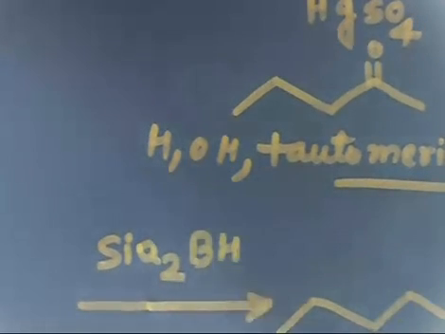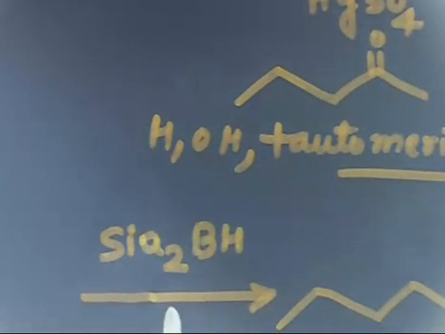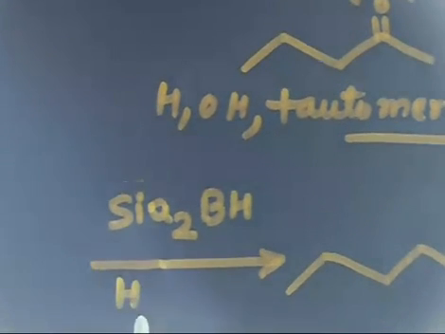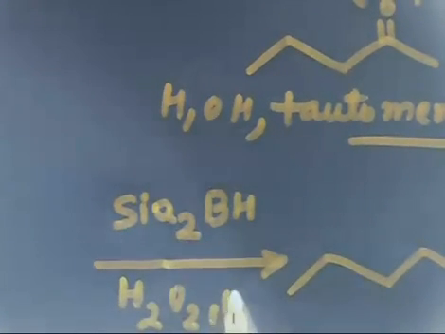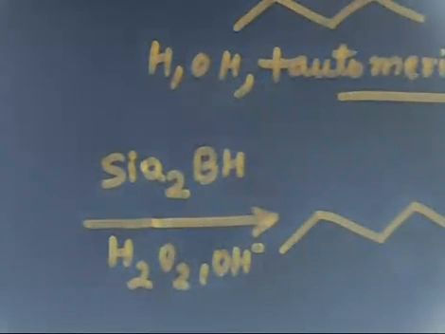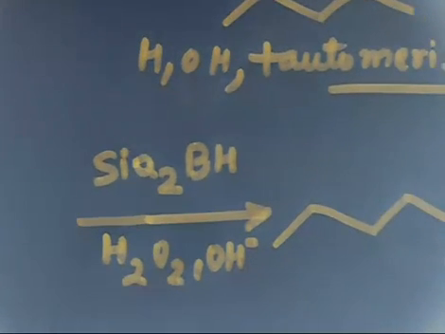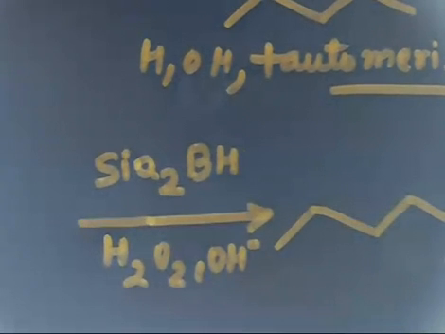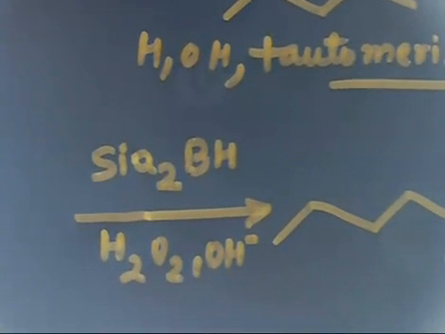Sia2BH and then H2O2, OH minus. So this is a reagent, Sia2BH. We'll discuss sometime in the class what this reagent is about. Sia2BH and H2O2, OH minus will give you anti-Markovnikov addition of HOH.